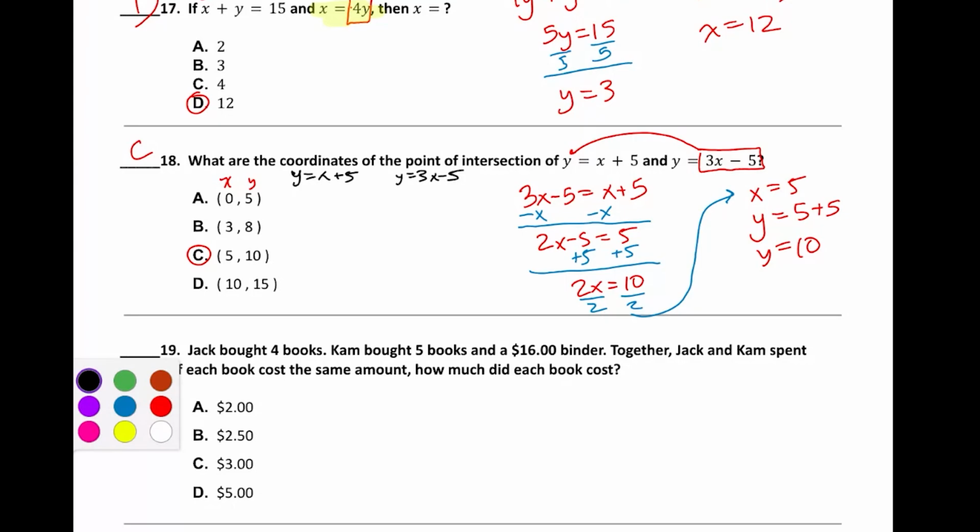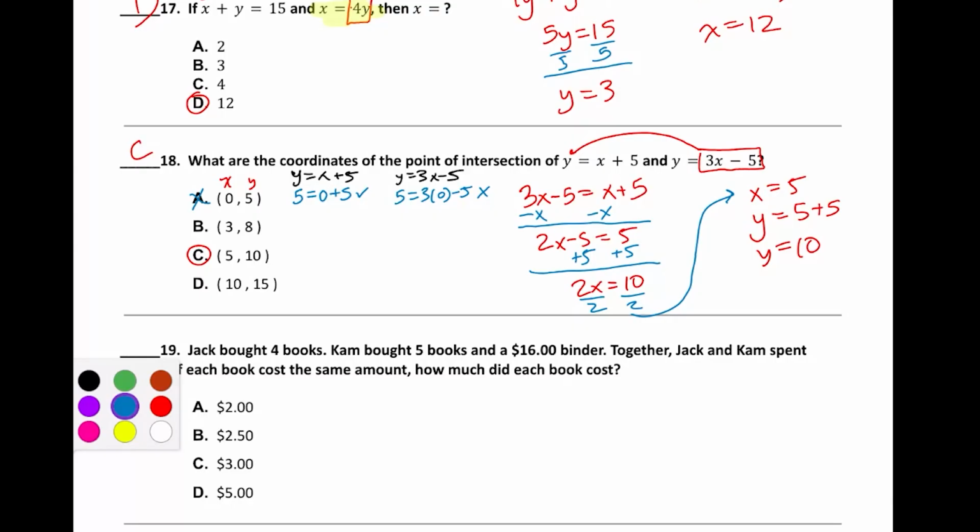So if we test choice A, for instance, 0, 5. Does 5, I'm plugging that in for y, equal 0 plus 5? Well, yeah, that sure works. But if I try that in the second equation, 5 equals 3 times 0 minus 5, that does not work. 5 is not the same as negative 5, so we know it can't be A. And you could test out basically all these choices with the two equations.